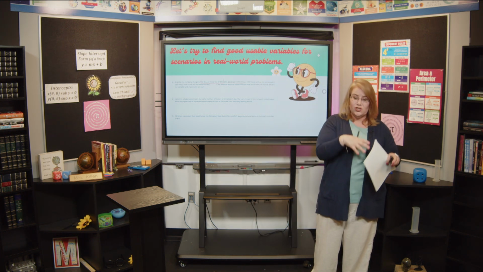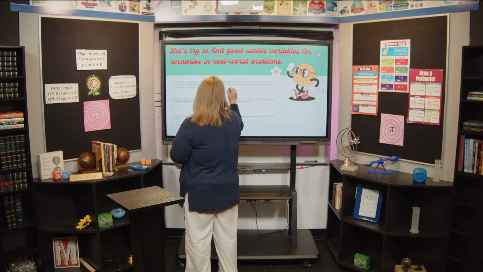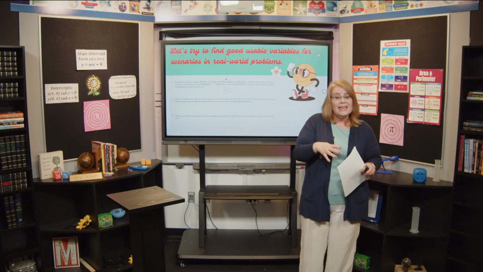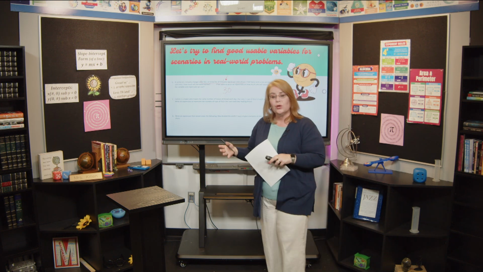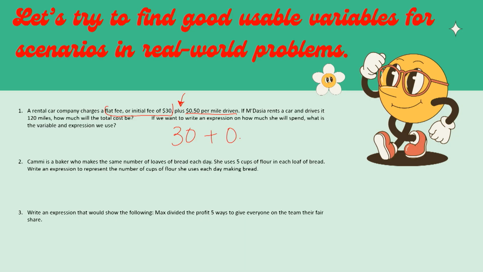Initial means where I start. So I'm going to start by spending $30 plus. Now, that is a big word. Sometimes you'll see it saying plus or and. That means you're adding to. So my $30 plus 50 cents per mile.